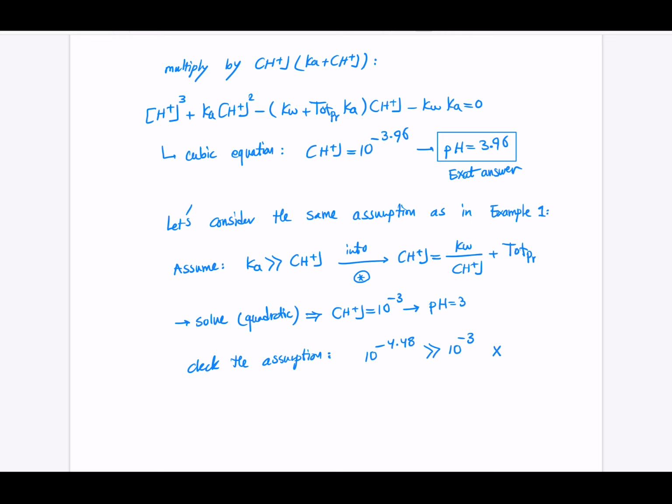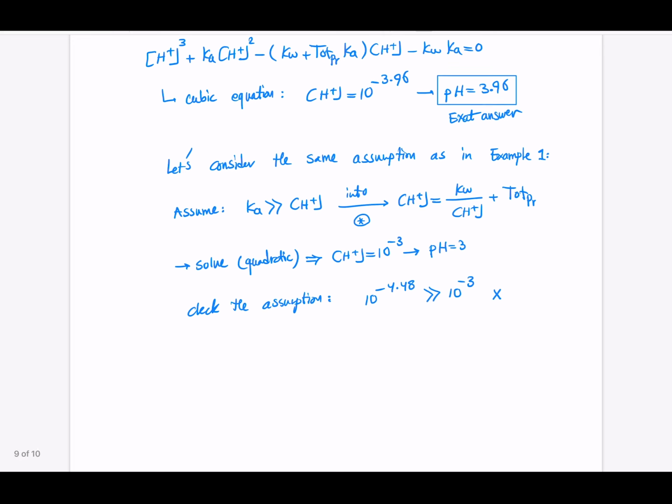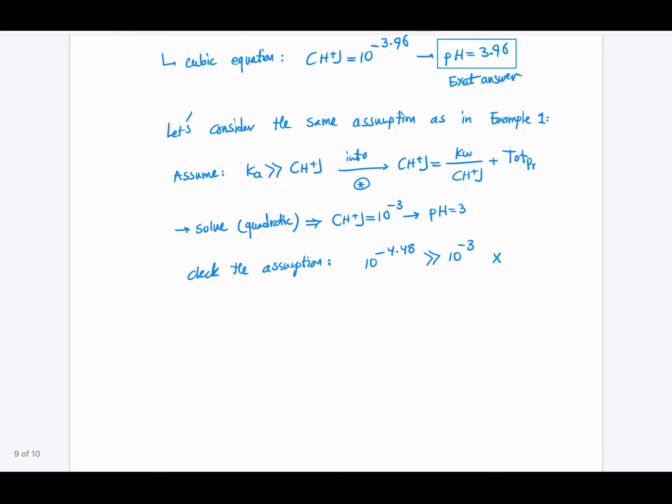So this is not true. So we're not allowed to use the assumption. So we have to do the exact calculation, which eventually would give us the pH of 3.96.